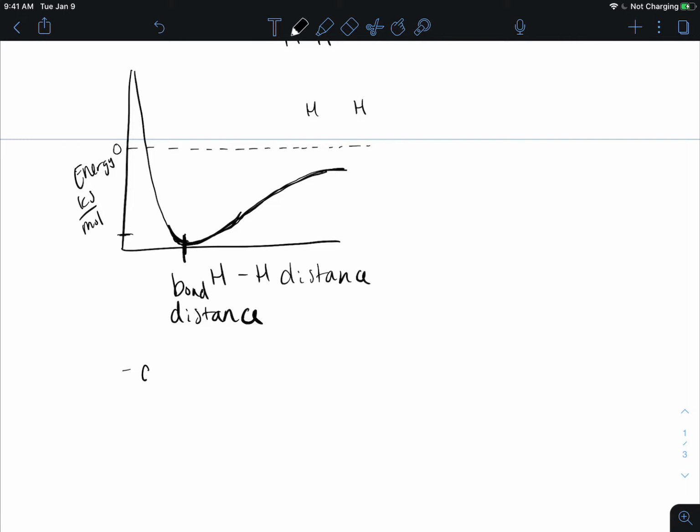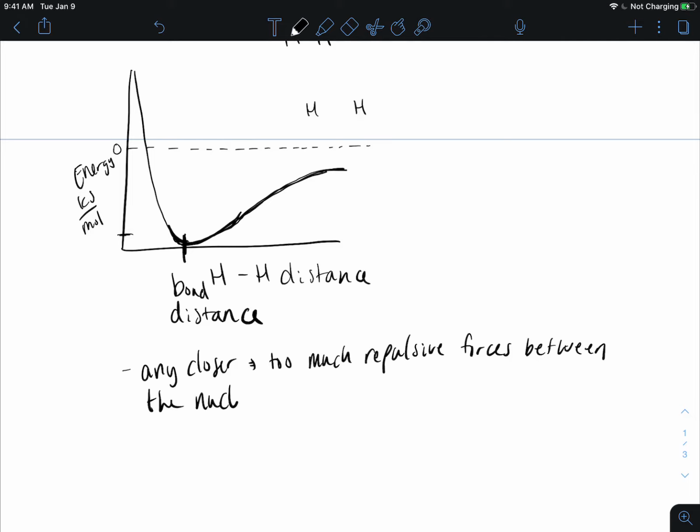So any closer, there's too much repulsive forces between the nuclei. So proton, proton. So our protons are repelling in this case.